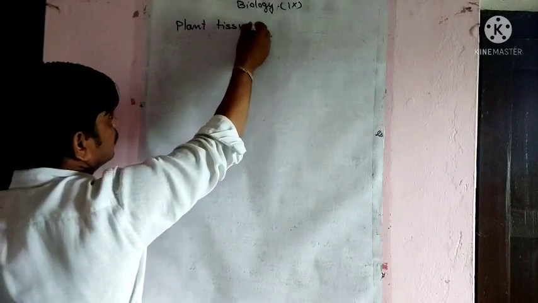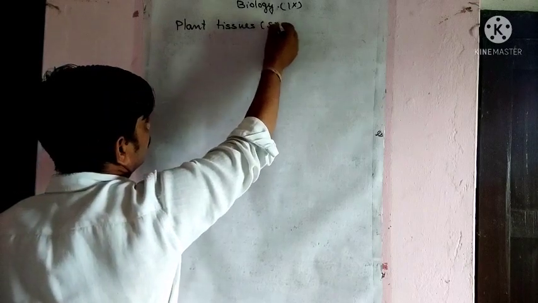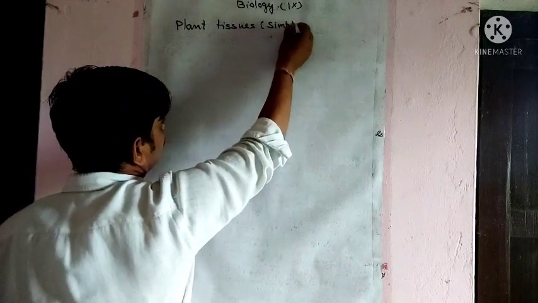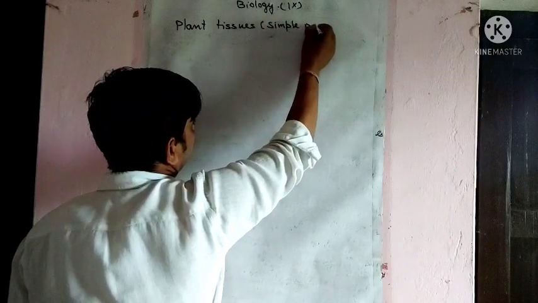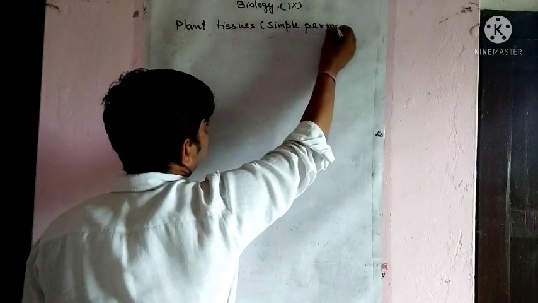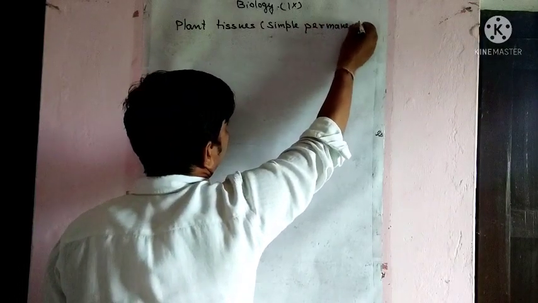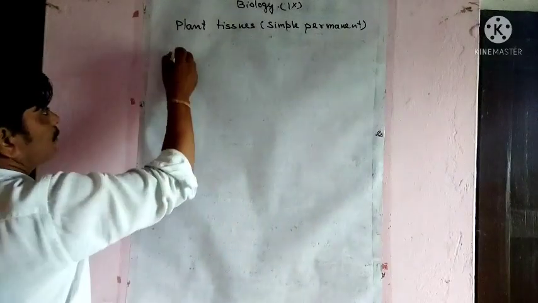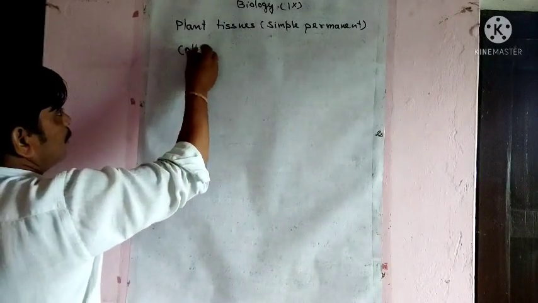Which type of plant tissues? Simple permanent plant tissues. Okay, and today our topic is collenchyma.